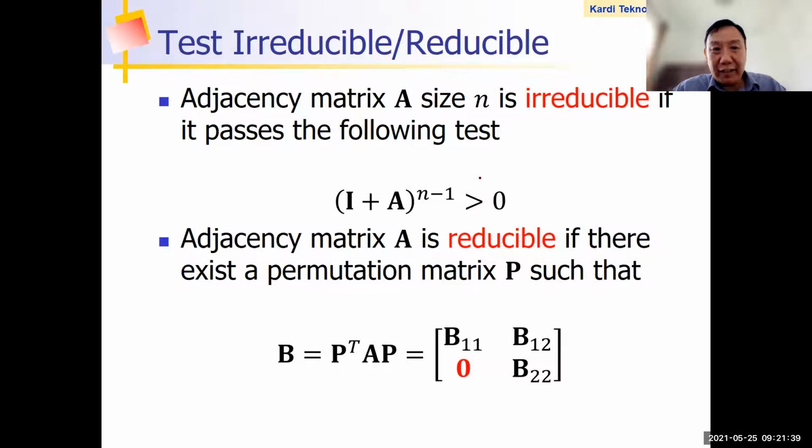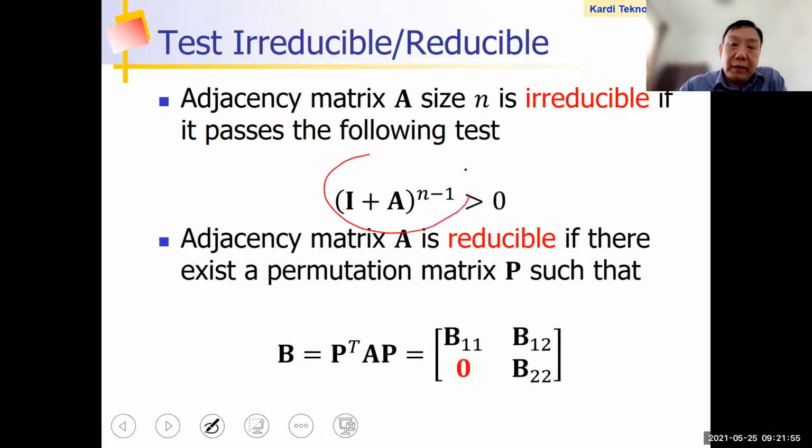What is n? n is the size of the matrix. This is a square matrix. And if all the elements in this matrix are positive, no zero, then it is irreducible.